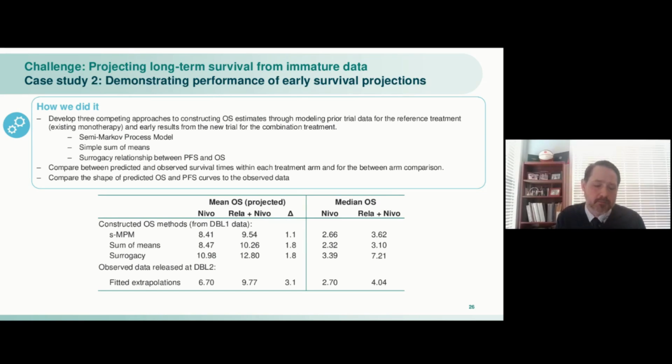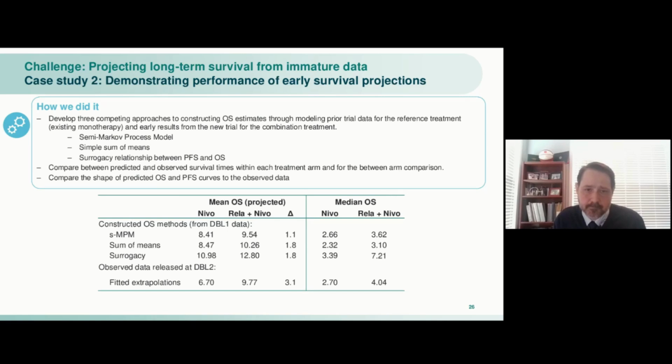So we knew once patients moved off of their initial treatment, they were going to go on to subsequent treatment. And of course, we made the assumption that their survival performance from that point on was more a function of their subsequent treatment than their initial treatment.